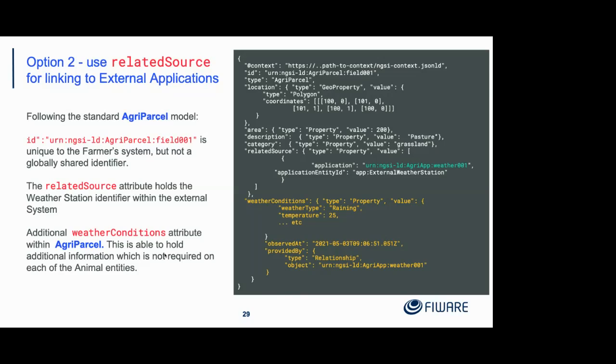So in this particular situation, what I'm after is a historical record, not only of where the cow has been, but what were the weather conditions affecting that particular cow, because that is relevant for my machine learning model.